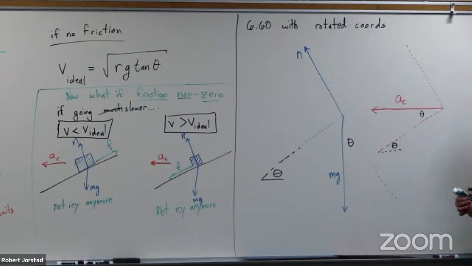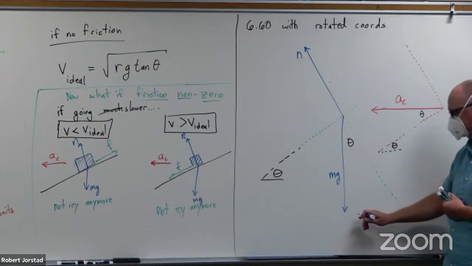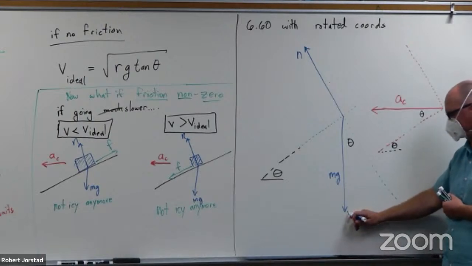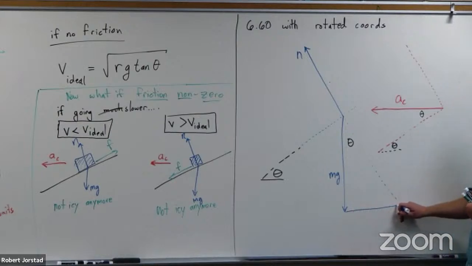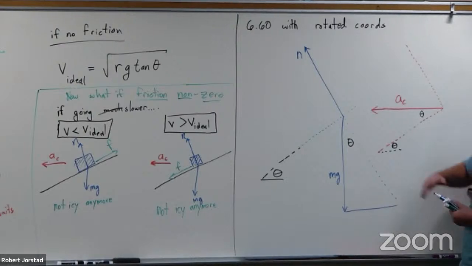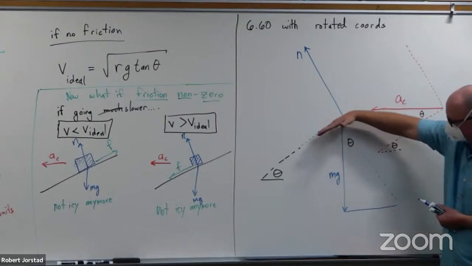So now, I'm gonna split up mg. Just look at the screen here. Give me your eyes for a second. Why is this incorrect? It's not parallel to the coordinates.